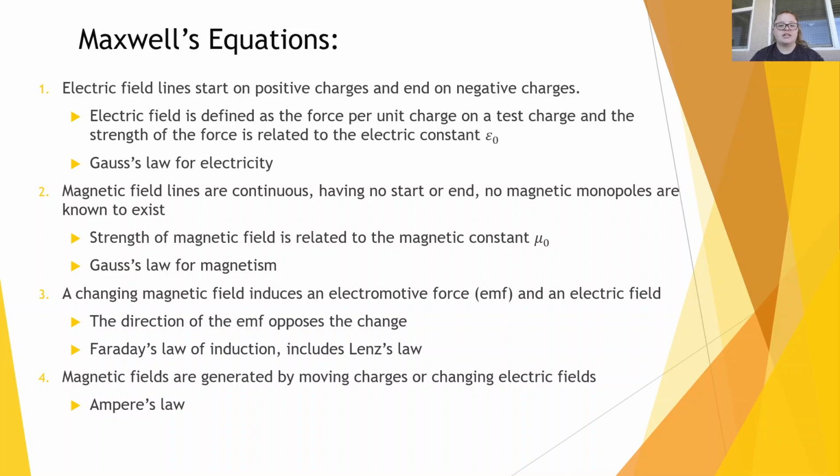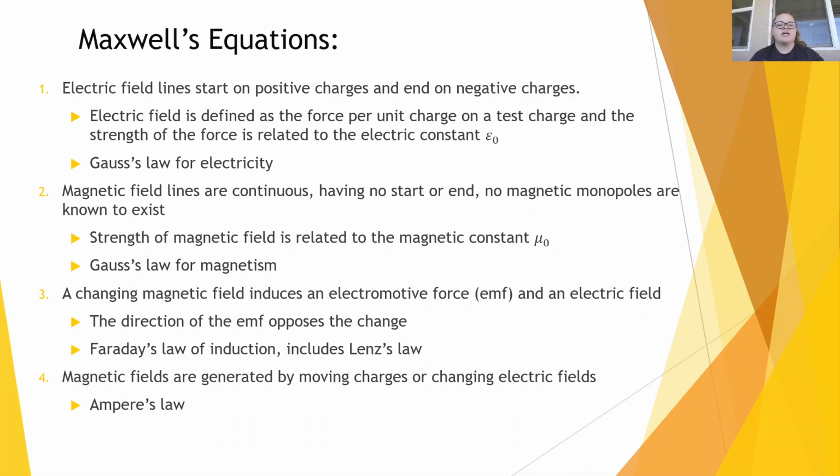The first one is related to Coulomb's law and therefore Gauss's law for electricity. A couple of different ideas here: electric field lines start on positive charges and end on negative charges. Also, an electric field is defined as the force per unit charge on a test charge, and the strength of the force is related to the electric constant, epsilon naught.